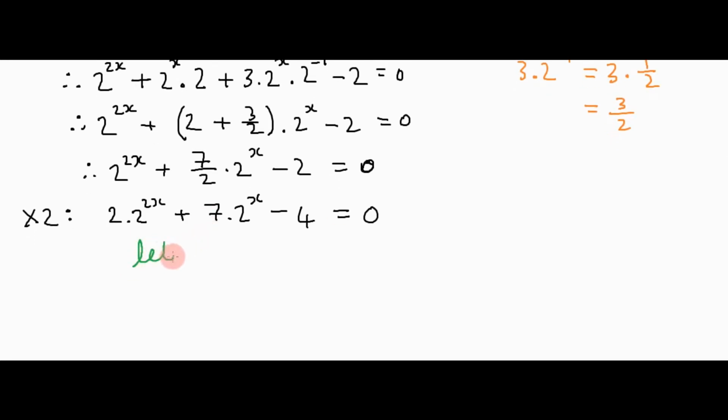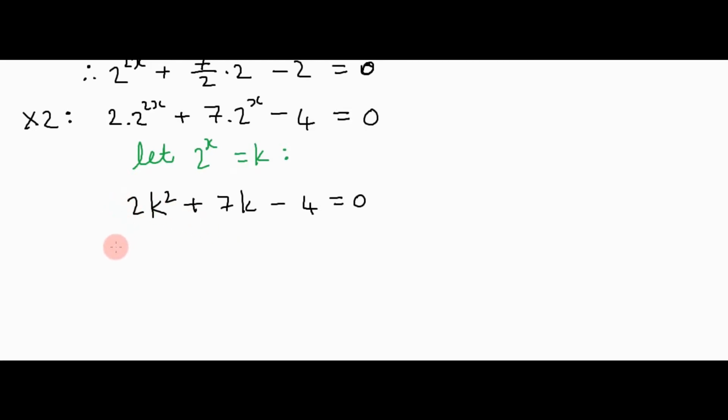So we're going to let 2 to the x equal k. Then our equation becomes 2 times 2 to the 2x, which is k squared. So 2k squared plus 7k minus 4 equals 0. We can factorize this trinomial in k.